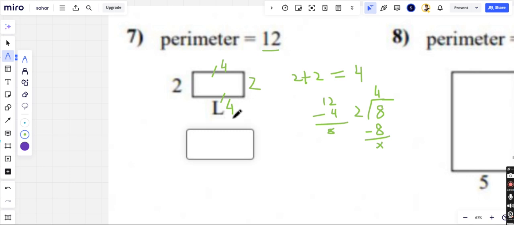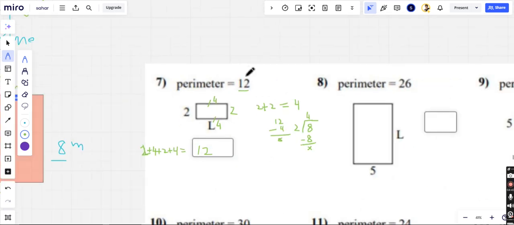Understand? Yes. Now we recheck our answer. 2 plus 4 we get 6. 6 plus 2 we get 8. 8 plus 4 we get 12.